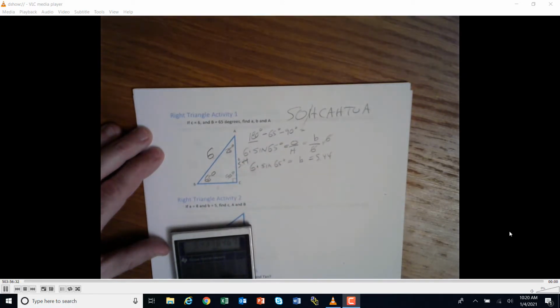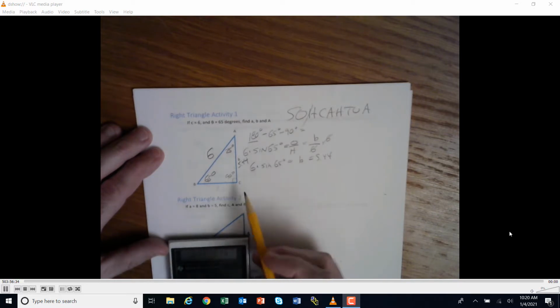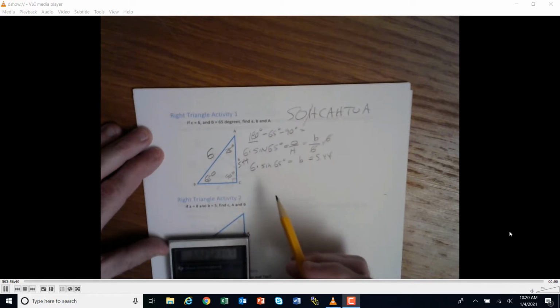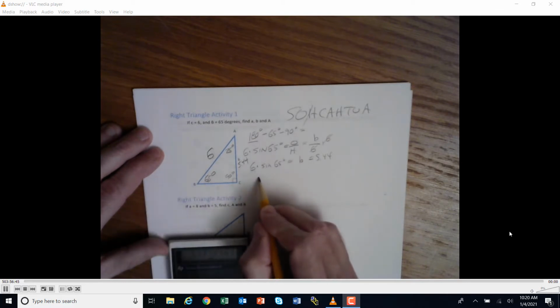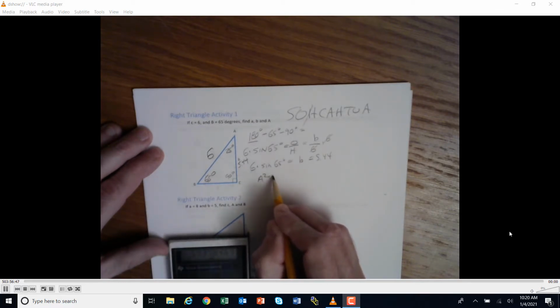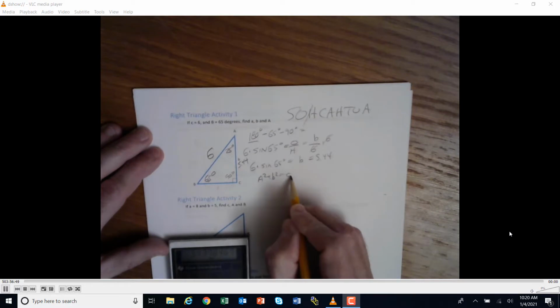Okay, now I could use cosine of 65 to get this one right here, or I could use Pythagoras theorem. So I want to use Pythagoras theorem, just to mix it up a little bit. Pythagoras says that a squared plus b squared equals c squared.